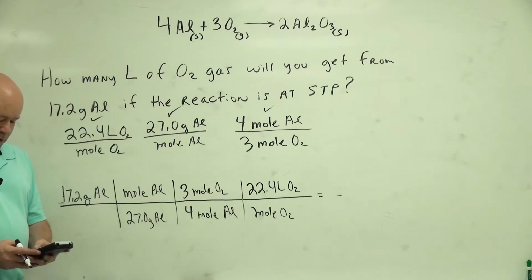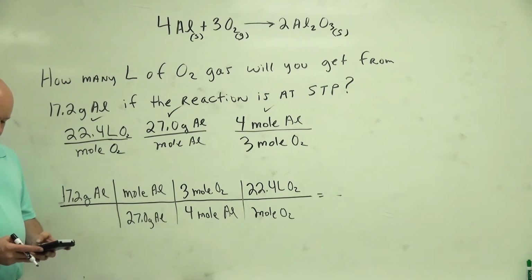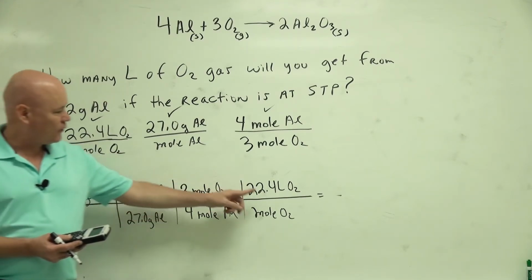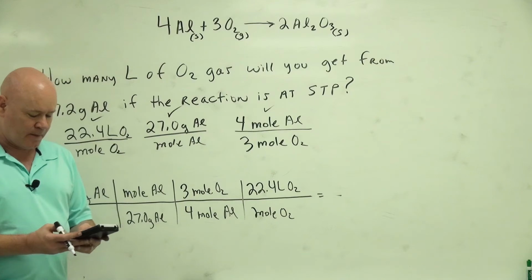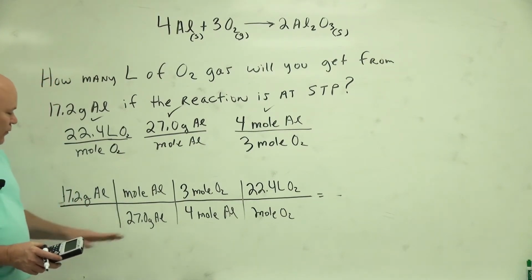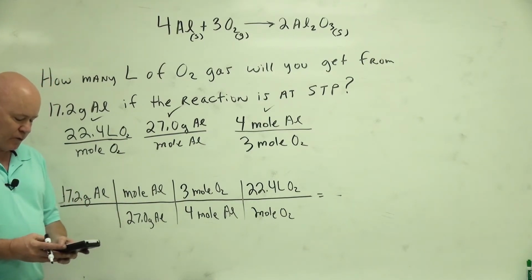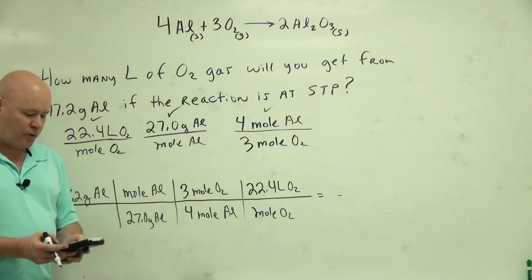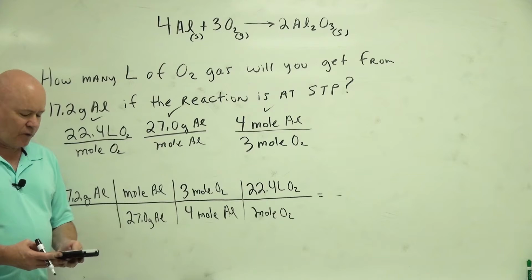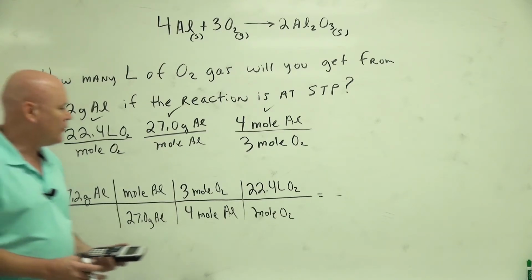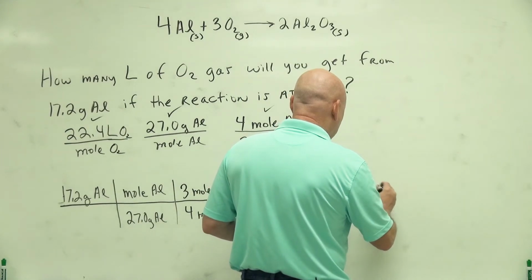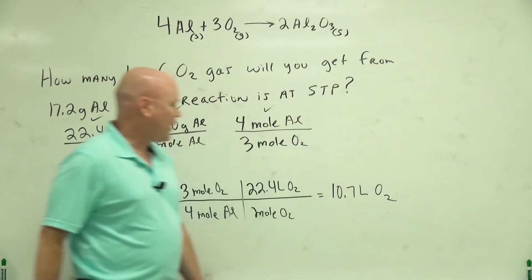I got 17.2 times 3 times 22.4 divided by, and I'm going to put this in parentheses, 27.0 times 4. I'm going to close parentheses, and I'm going to get an answer. It's 10.7 liters oxygen gas at STP.